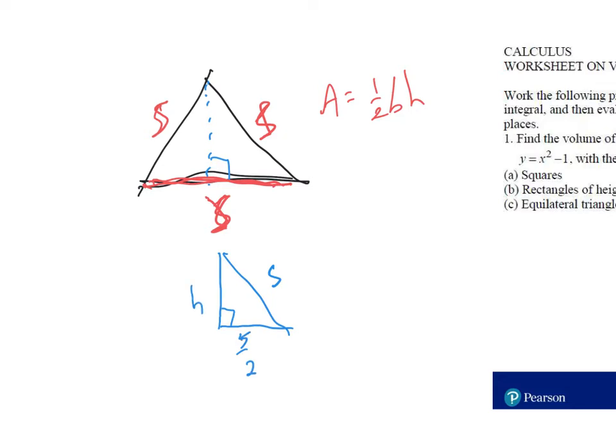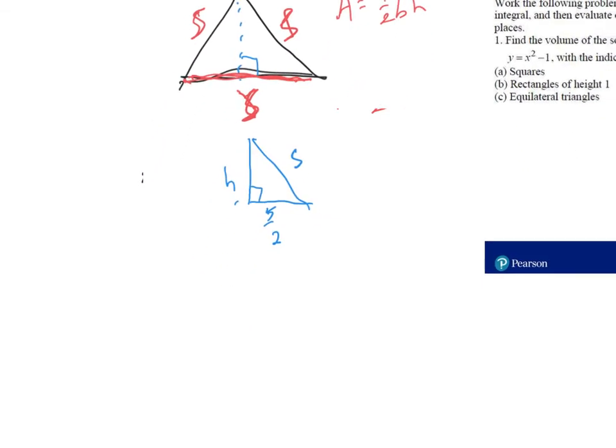So I'm going to relate my height to the S's. I'm going to use the Pythagorean Theorem. H squared plus (S over 2) squared has to be S squared. H squared has to be S squared minus S squared over 4.